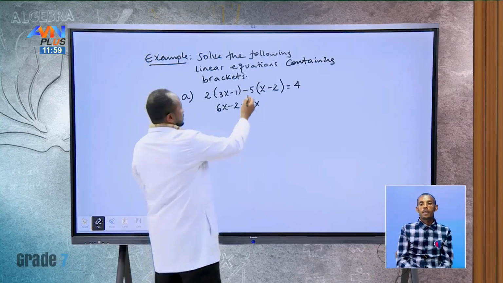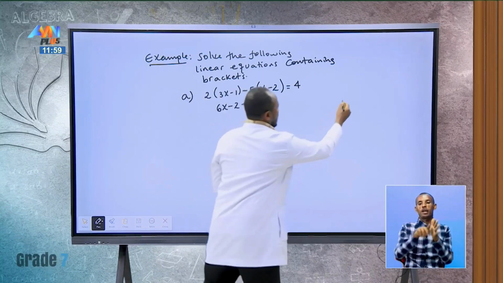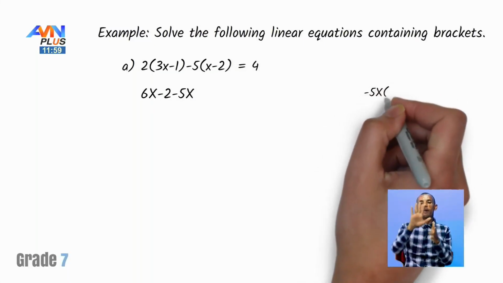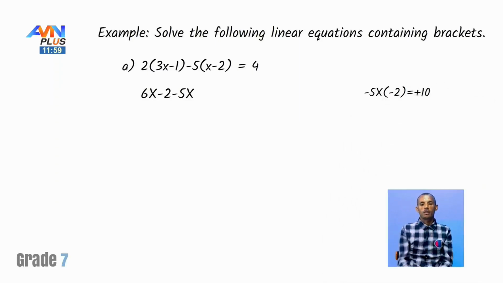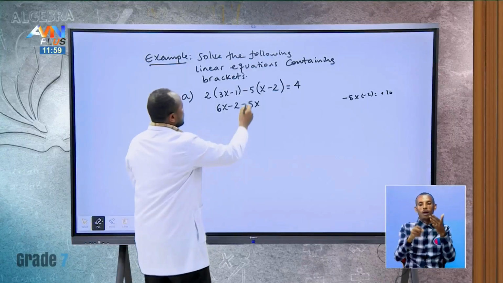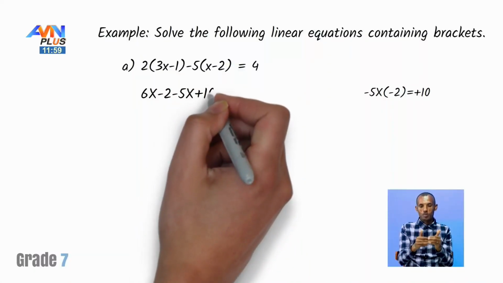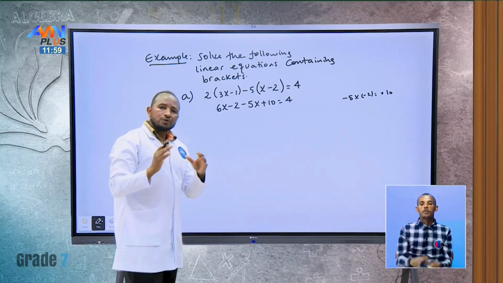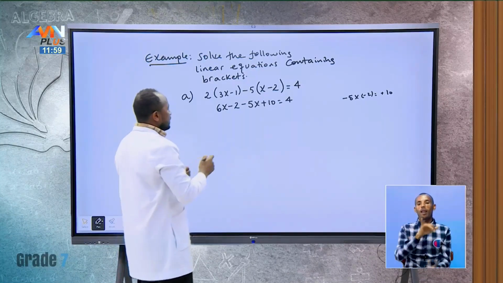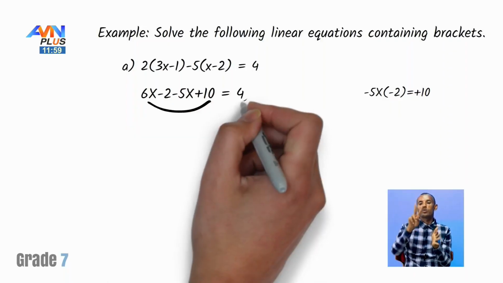Again, let's multiply these two, -5 and -2. What is the product of -5 and -2? It is +10. Since both are negative, their product is positive. So -5 times -2 is +10, is equal to 4. Now let's collect like terms. Here, the left side contains 6x, -2, -5x, and 10.